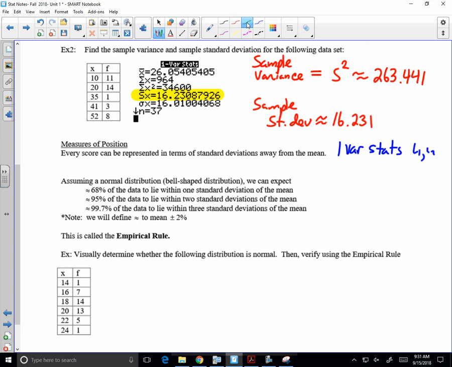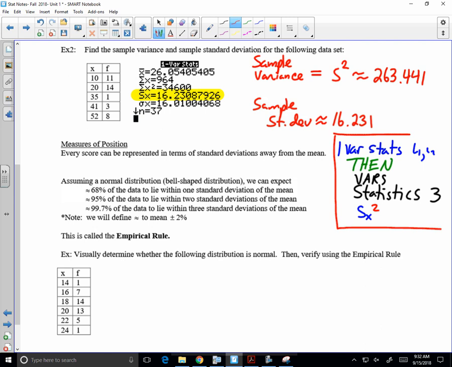Then we did vars, statistics, option 3. That brought the Sx to the screen, which we then squared. All right, so that's the exact approach.